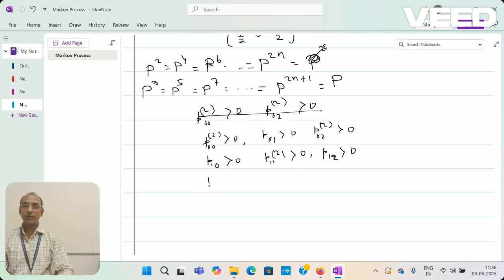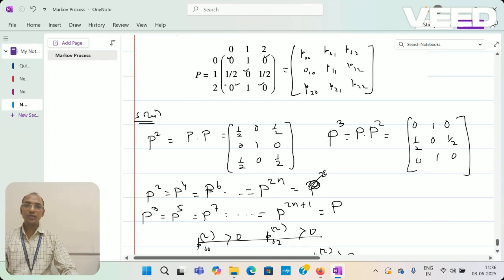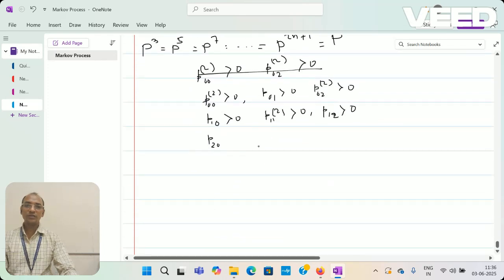Similarly, P20 initially was 0, but in the second step it is non-zero.